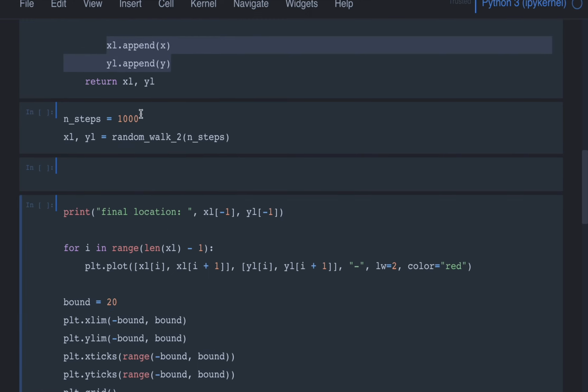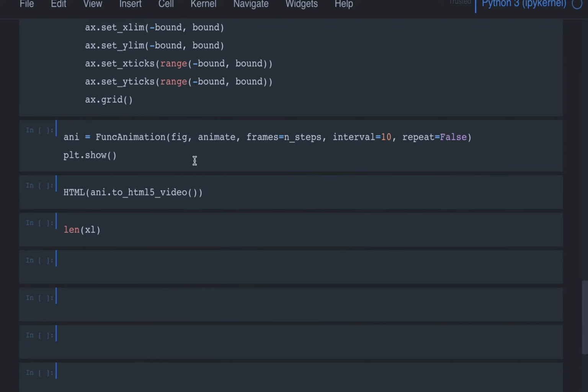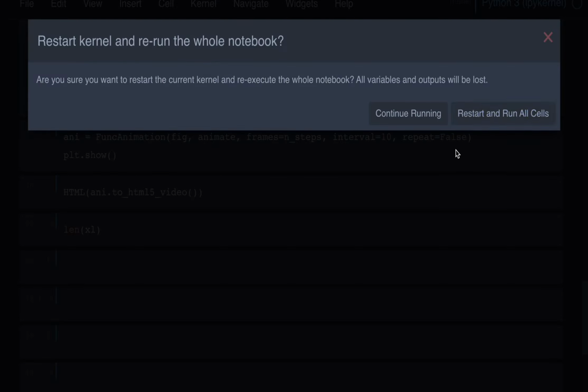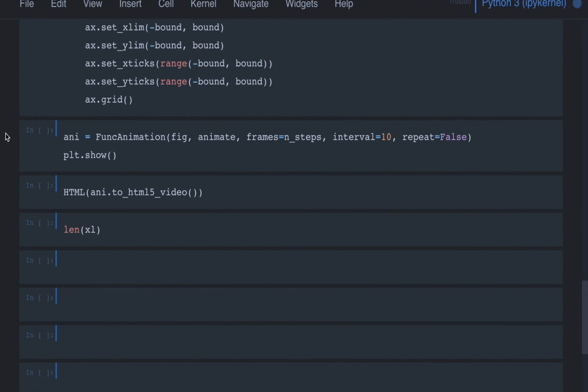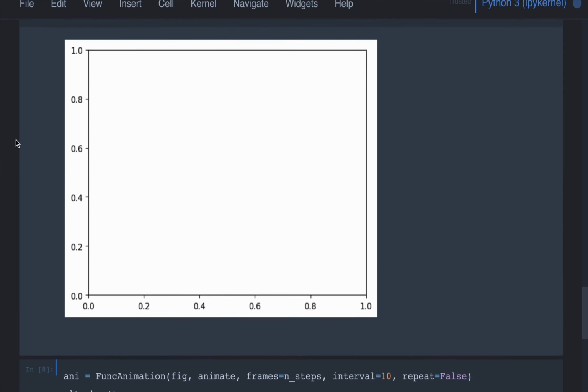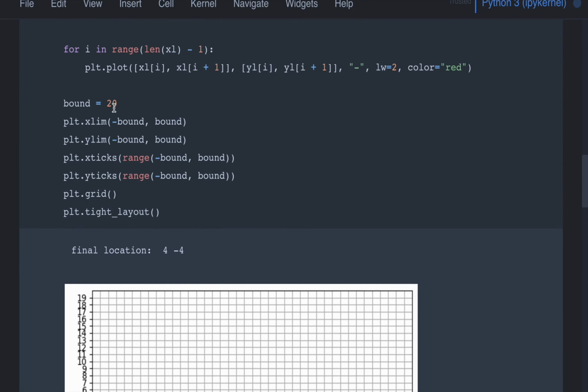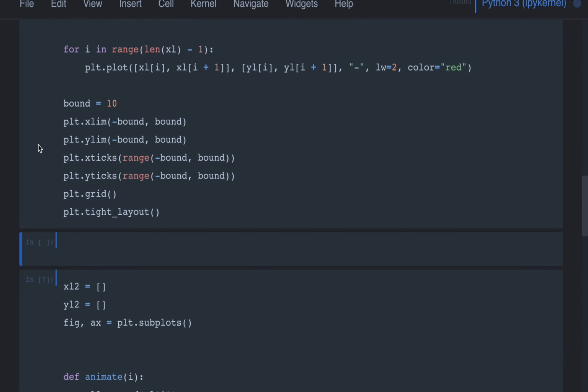Okay, so let's do only 100, but let's generate one more time so that we can see the video. Restart and run all. So this time, this is the path it took. So let me do this.